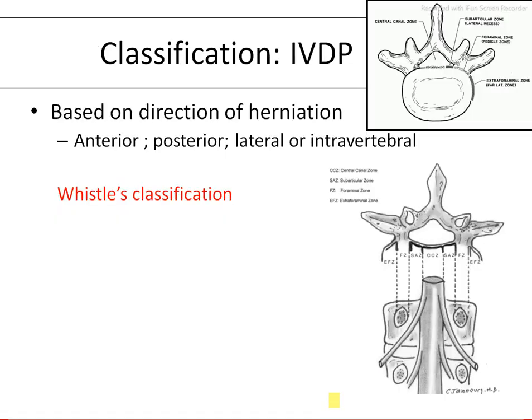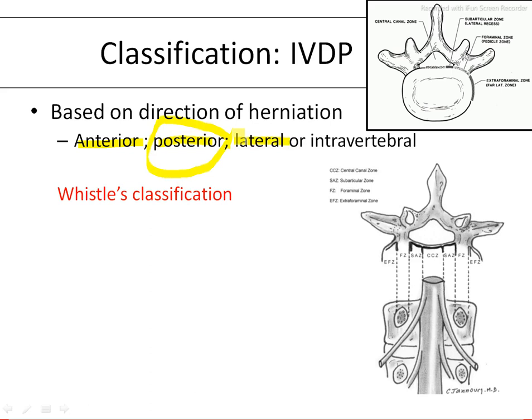Now we can classify intervertebral disc prolapse based on the direction of herniation. It can be anterior, it can be posterior, it can be lateral or intravertebral. So you see here, it can be anterior, posterior or lateral. Posterior is the most commonly seen.